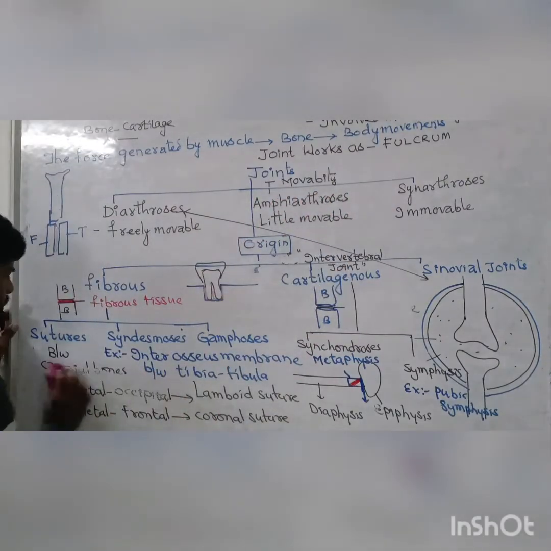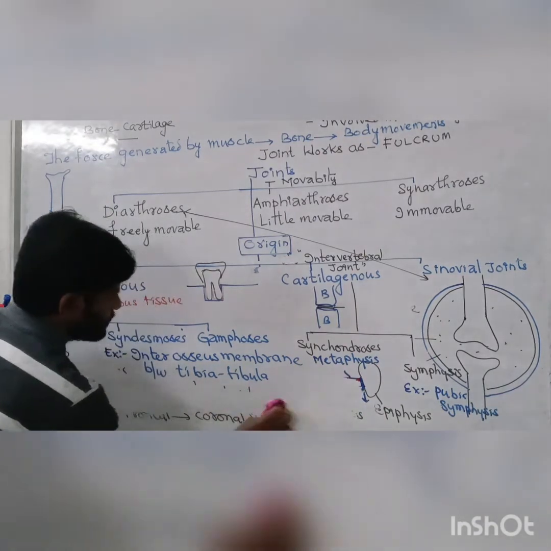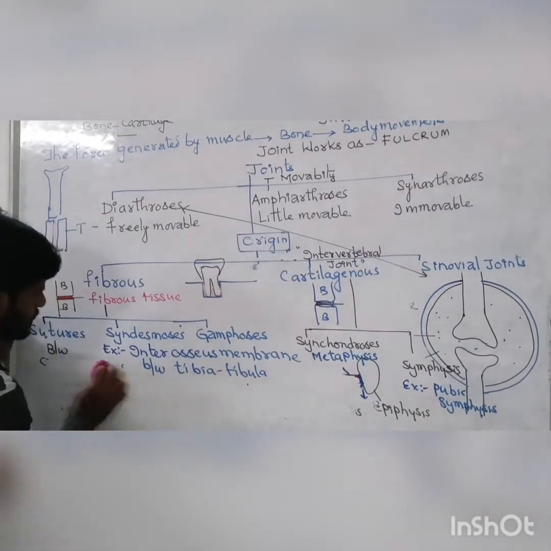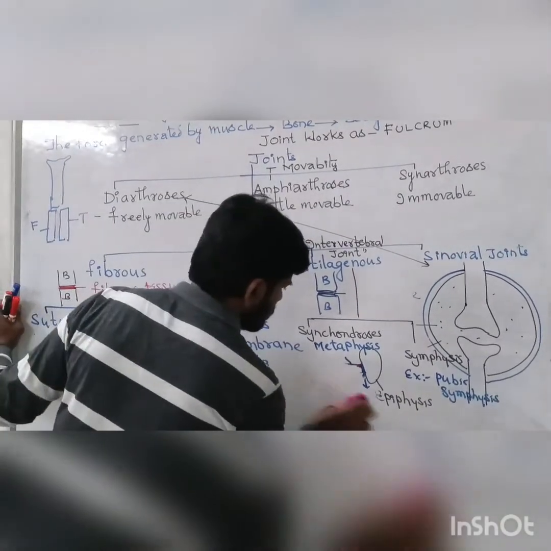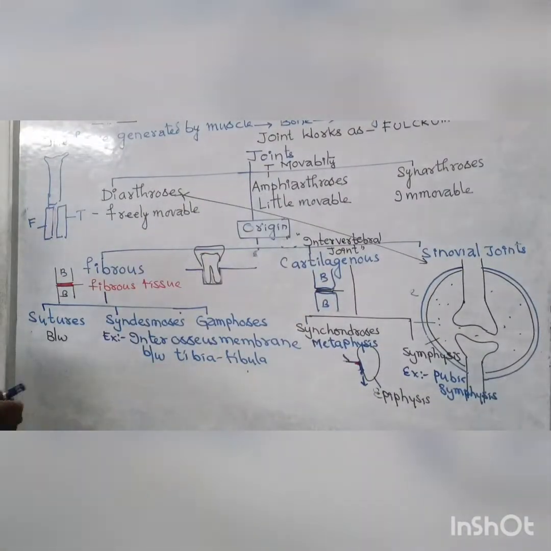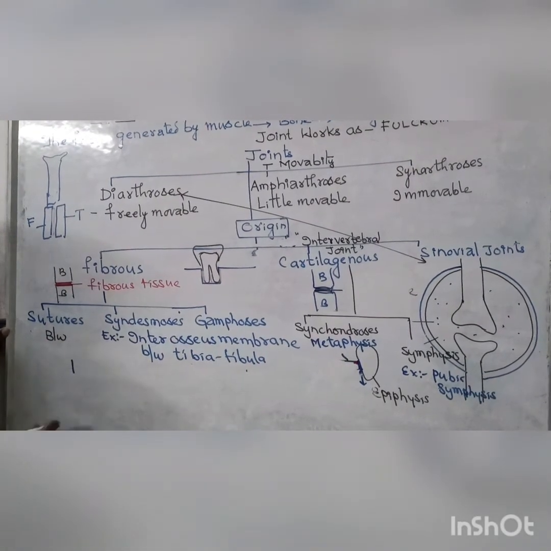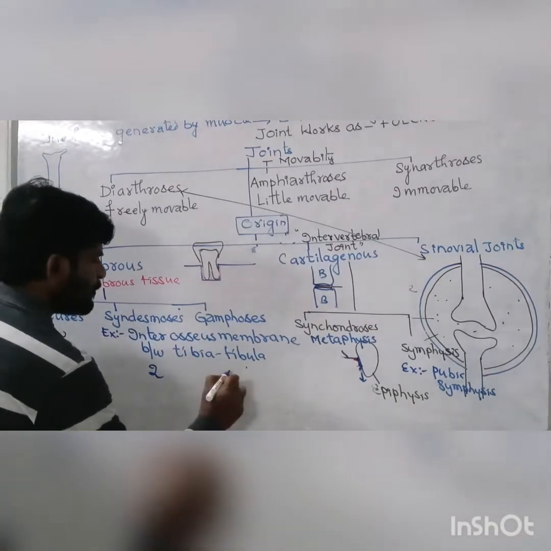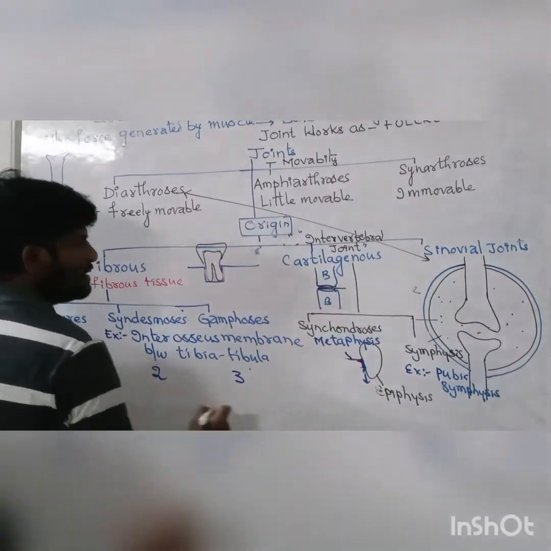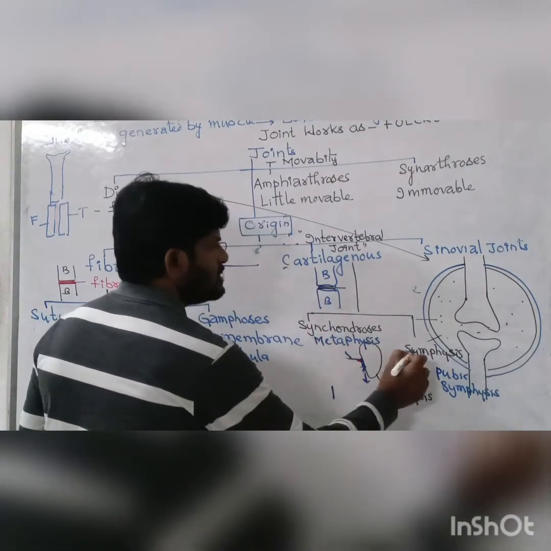So look at here. Suture, this is 1. Syndesmos, 2. Gomphosis, 3. Synchondrosis, cartilaginous joints, 1.